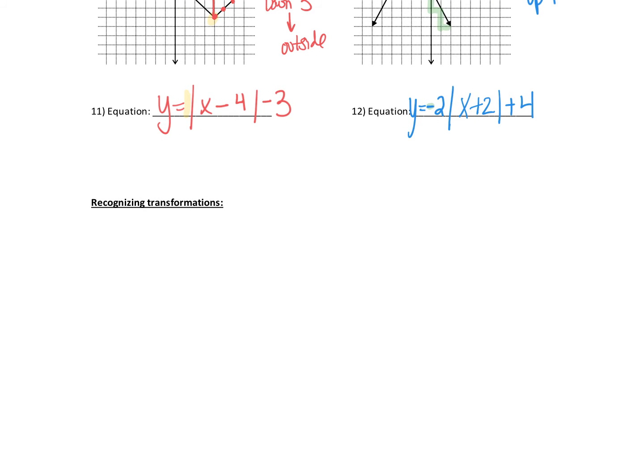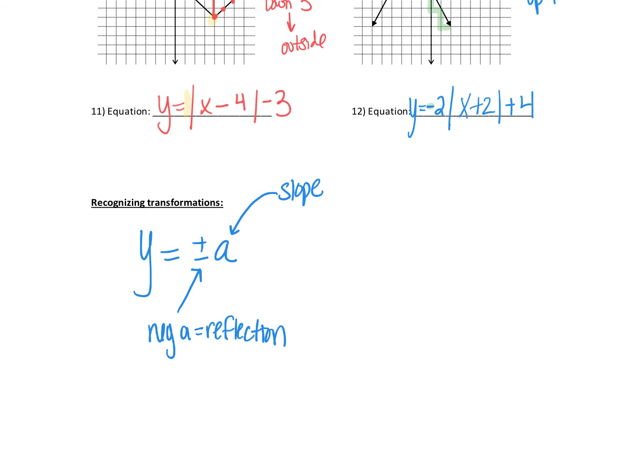Let's talk about what our general formula is going to look like. If I have y equals, I'm going to have plus or minus some a value in front. If there's a negative a value, a negative a means we have a reflection. And if our a number is something other than 1, that's going to affect the slope of the line.